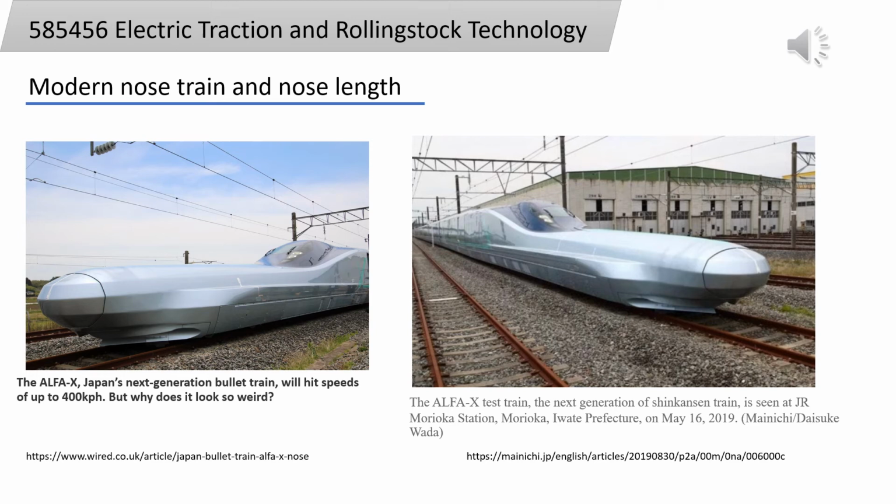The Alfa-X test train is the next generation of the Shinkansen train. It was seen at the JR Morioka station, used on May 16, 2019 in Japan as a high-speed train. It's the modern nose train that we use nowadays.